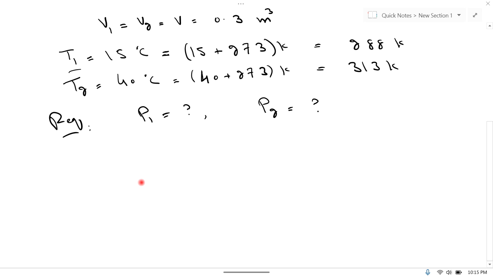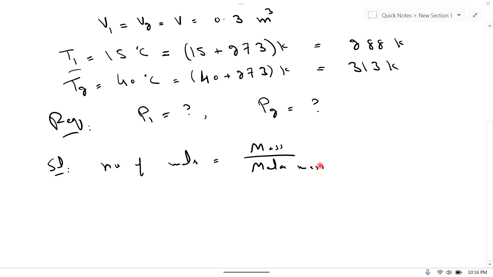So initially we are finding the number of moles of carbon monoxide and the number of moles of oxygen. In the solution, we know the formula: number of moles is equal to mass divided by molar mass.